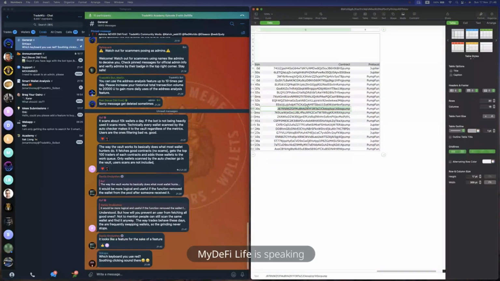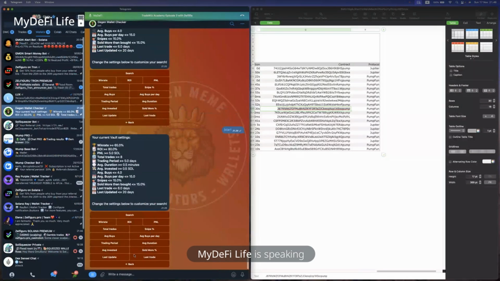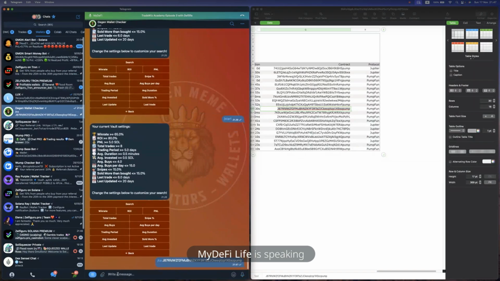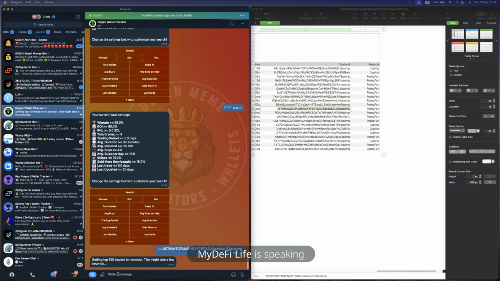The wallet checker also scans token contracts as well. So you can do token contract scans directly. If you are inclined to do token scans or contract scans yourself, you just put a /CA and then paste the contract in, and that will get the top 100 traders.